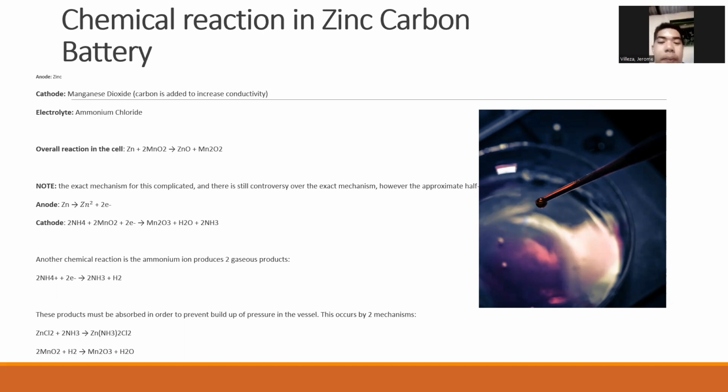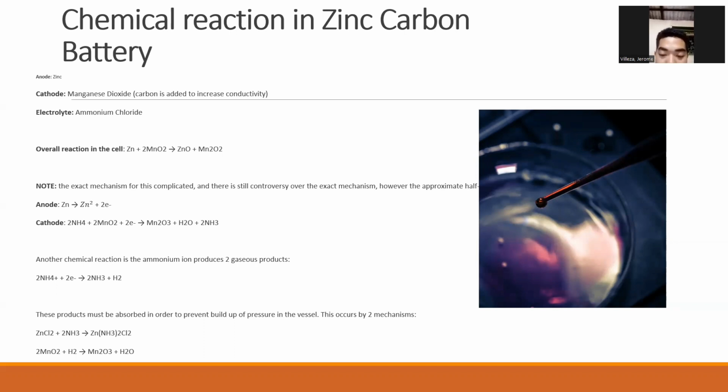Then the cathode reaction is 2NH4+ plus 2MnO2 plus 2e- to Mn2O3 plus H2O plus 2NH3. The ammonium ion produces two gaseous products, 2NH4+ plus 2e-.